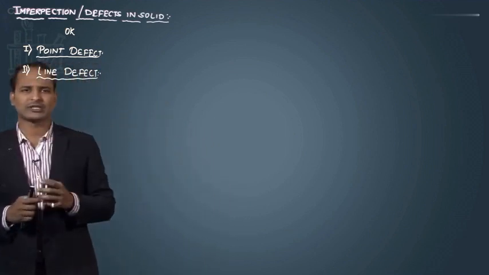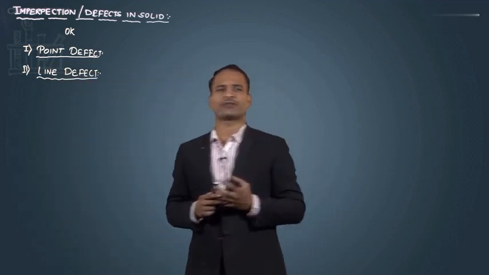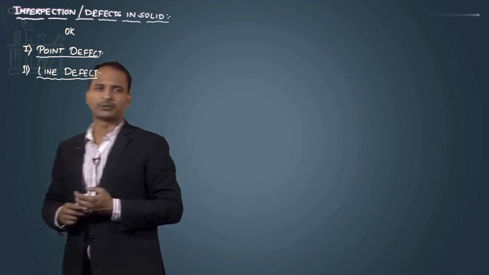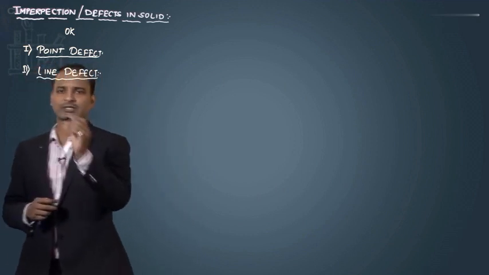Point defect is again of three types. The first one is the stoichiometric defect, then the non-stoichiometric defect and the impurity defect. So let's start with the first one, that is the stoichiometric defects.